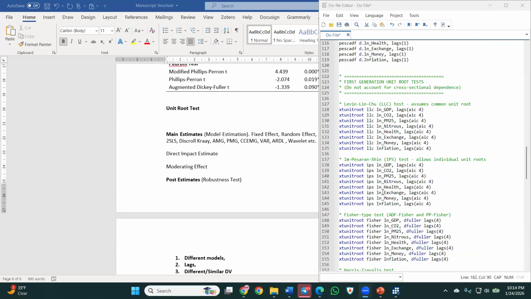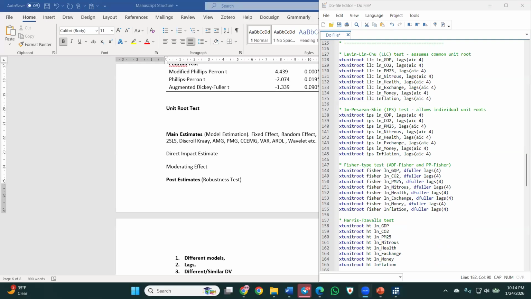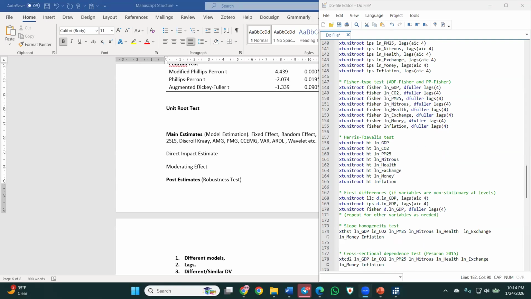But if there's no cross-sectional problem, then you can use the first generation. The first generation does not account for cross-sectional dependence, but the second generation test does.